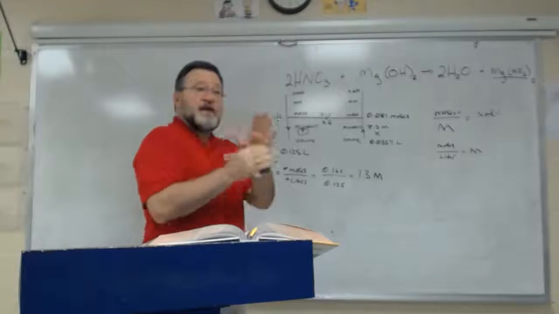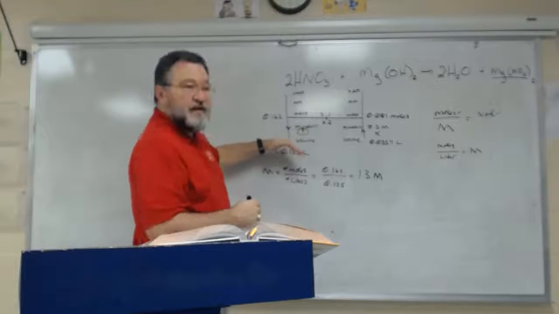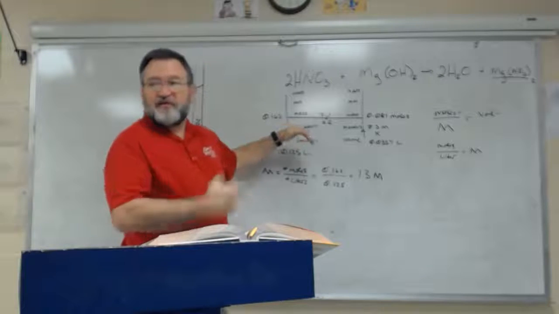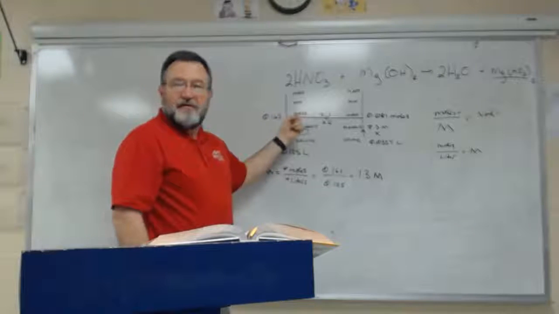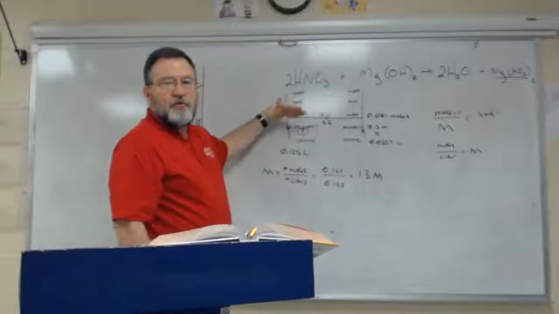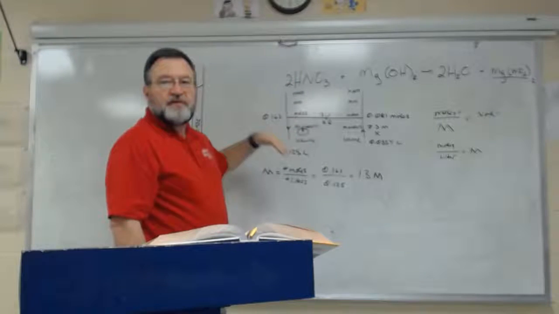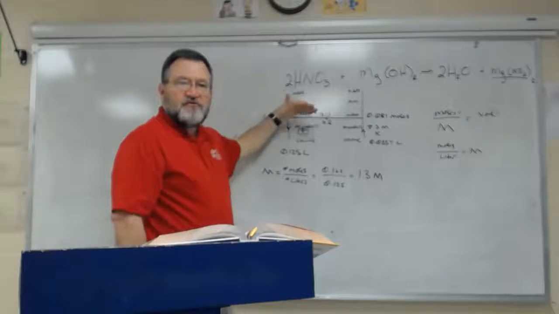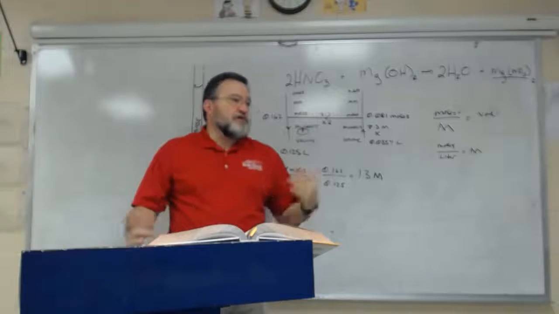But see, whether it's mass or volume and molarity, what we're actually doing is converting that into moles, right? If I have a certain mass, I divide by the molar mass to get the number of moles. If I have a certain volume, I multiply by the molarity to get the number of moles. Boom, now I'm in moles, I can use stoichiometry.